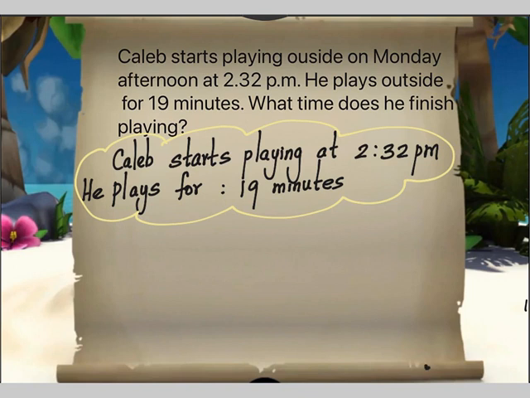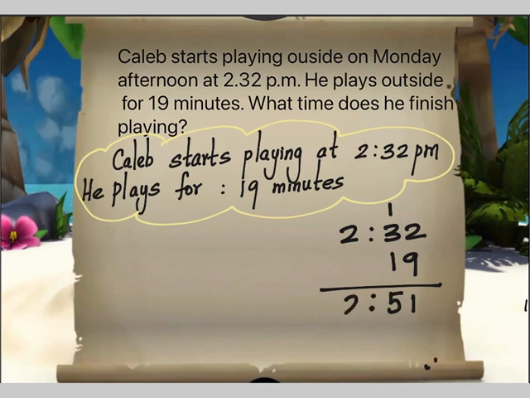Okay? So let us add. 2:32 he started playing, so 2 hours 32 minutes. And then here we have 19 minutes to add. Let's add. 9 plus 2 is 11. 1 goes up there, so 1 plus 3 is 4. 4 plus 1 is 5. And then bring the 2 down here.